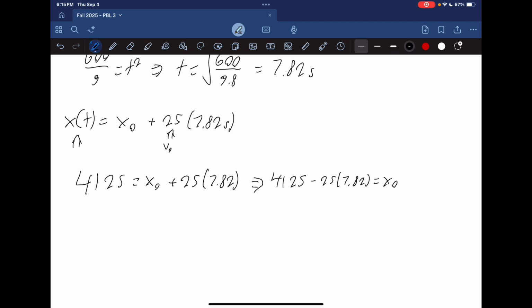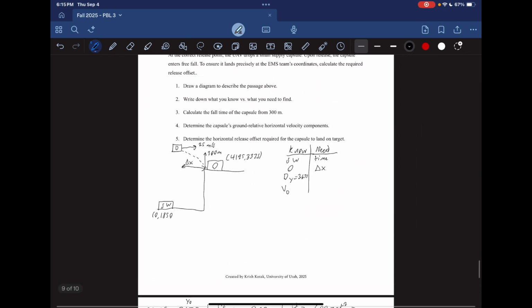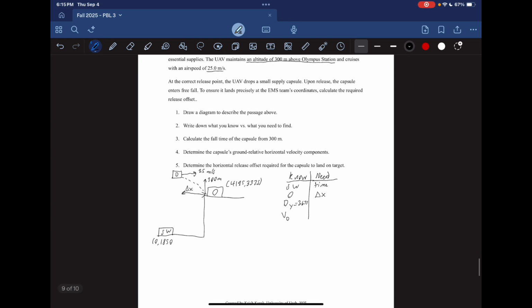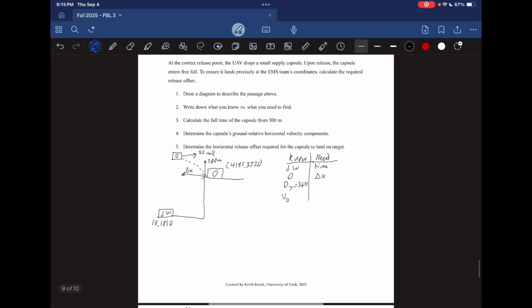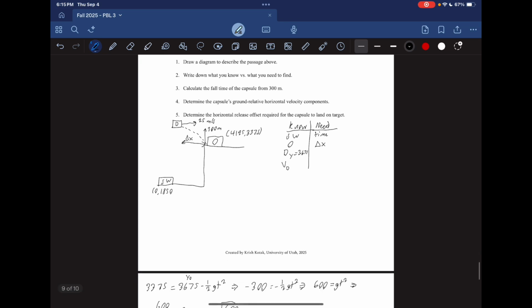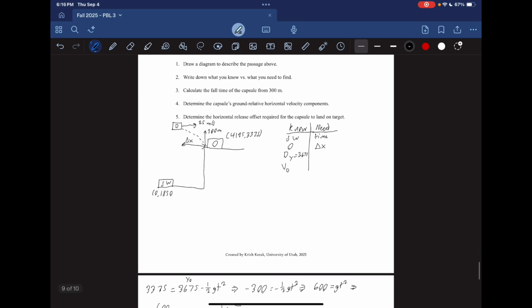And if you plug this into the calculator, let me do it real quick, 4125 minus 25 times 7.82 is about 3,929.5 meters. So that's the distance from Olympus that the drone will have to release the package from.